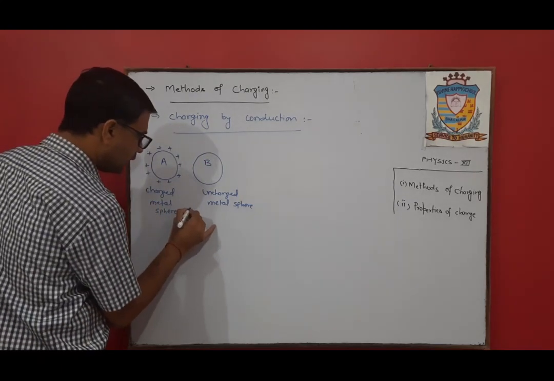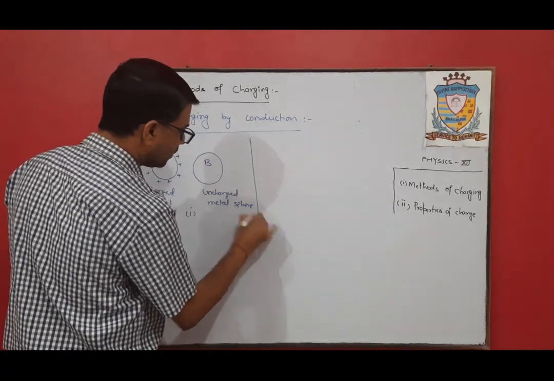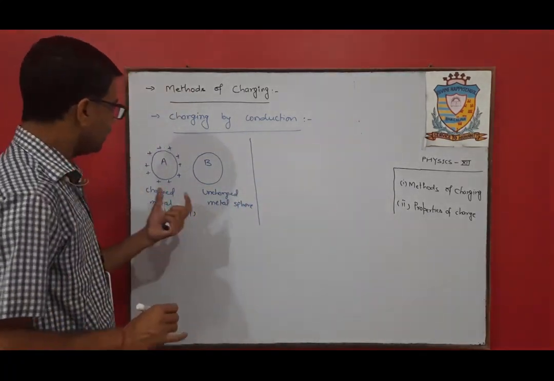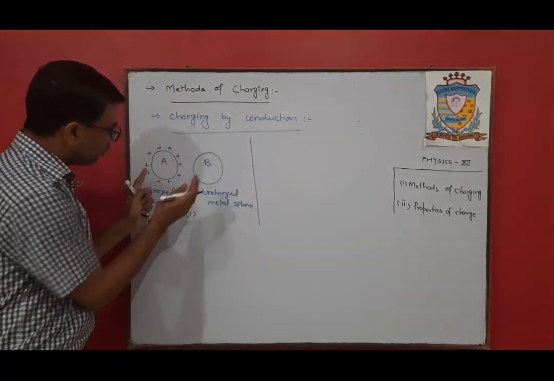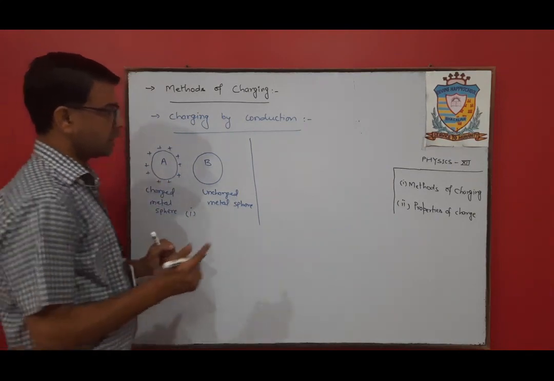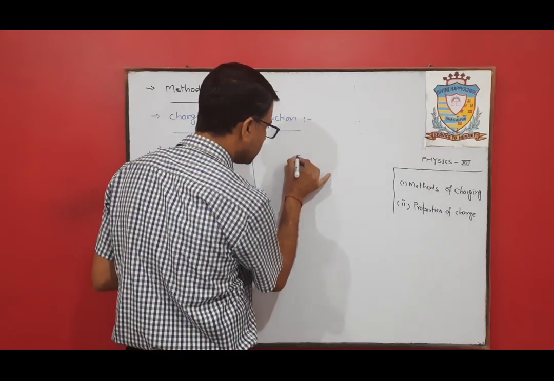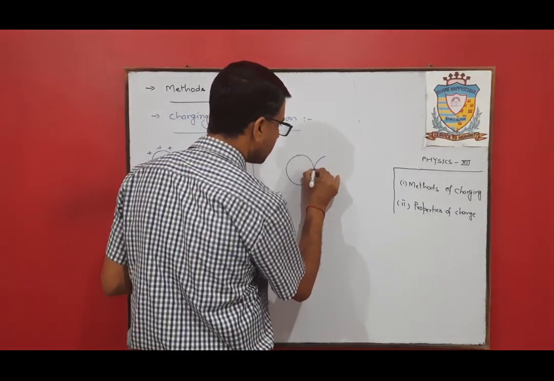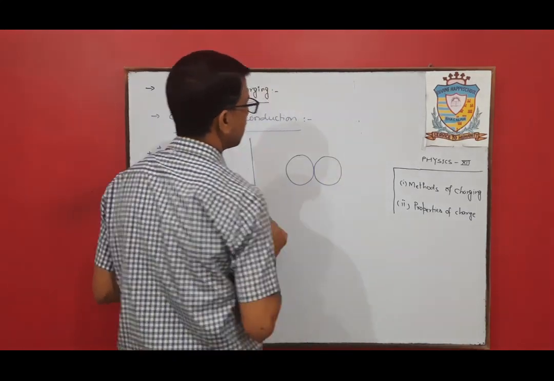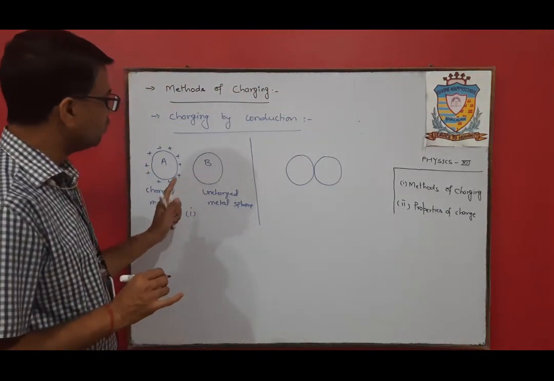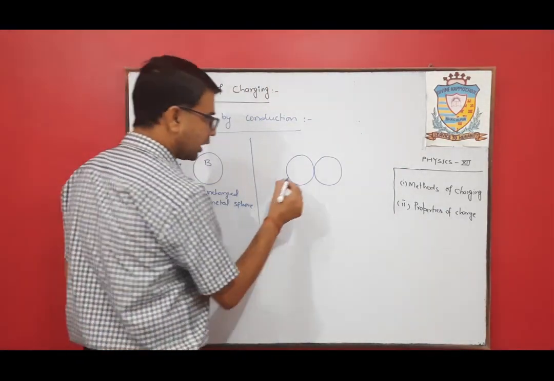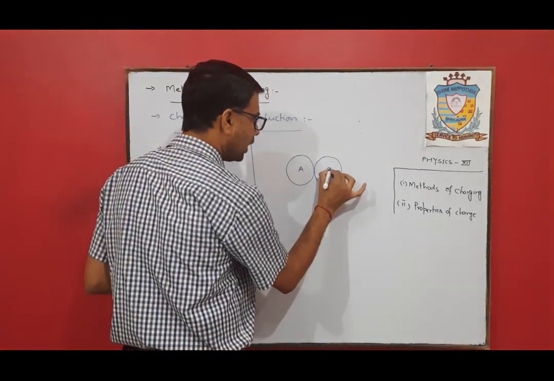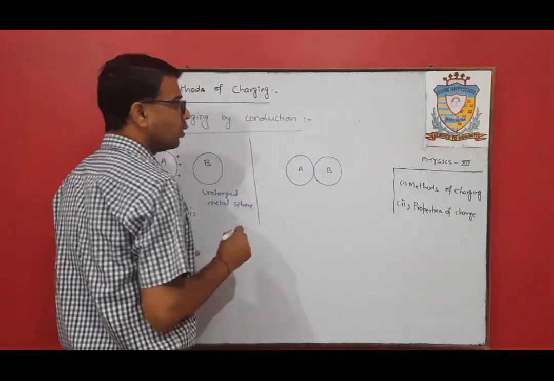So this is figure 1. Now if we move these two metal spheres into close contact, so now A and B are in close contact.